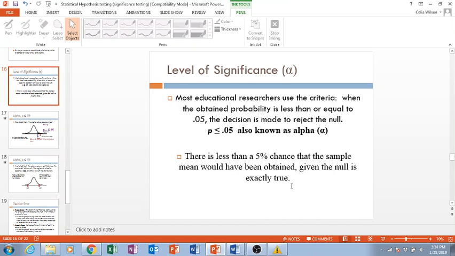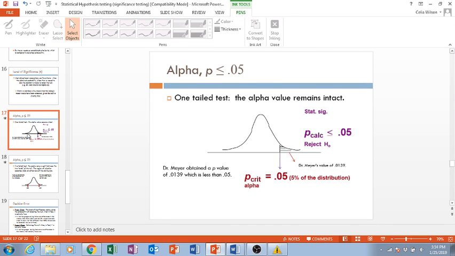All right, so what we're going to do then is take the one-tailed test and then we'll look at the two-tailed test and see how it compares. So in this one, remember the one-tailed test, Dr. Meyer was only looking over here and he found that probability by looking up in the back of his book, and we're going to compare that to 0.05.